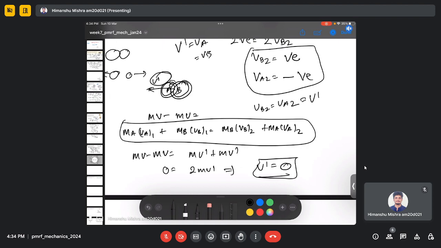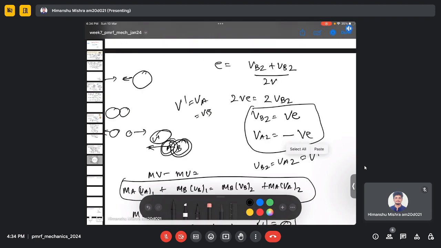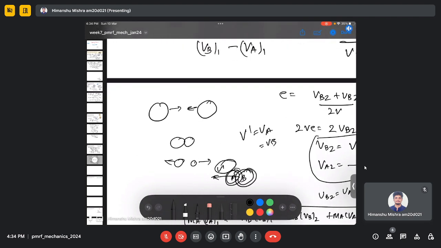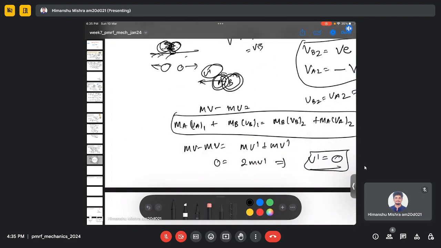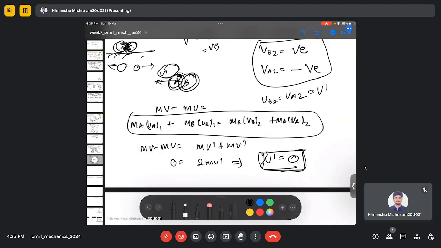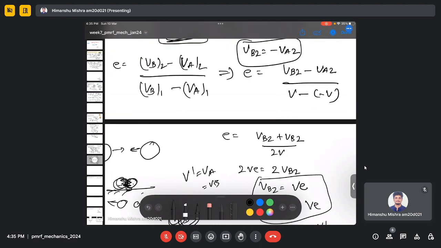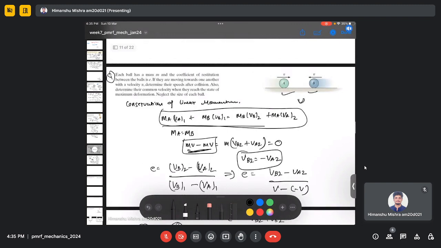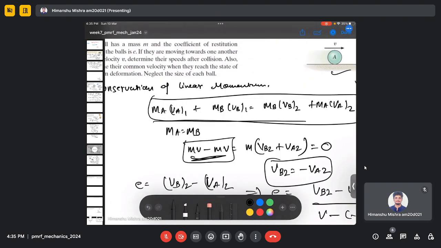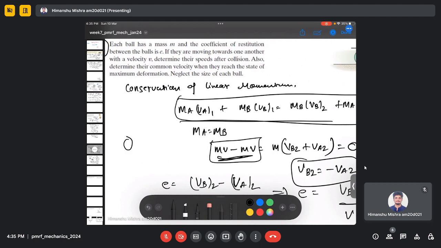So this is the final velocity of the deformed object, which means that they come to each other, they collide, and they deform in shape here, and then they don't move. Both particles come to rest. They stick at the same position, and therefore the final velocity v dash is 0. So for the case of maximum deformation, there will be no bounce back.